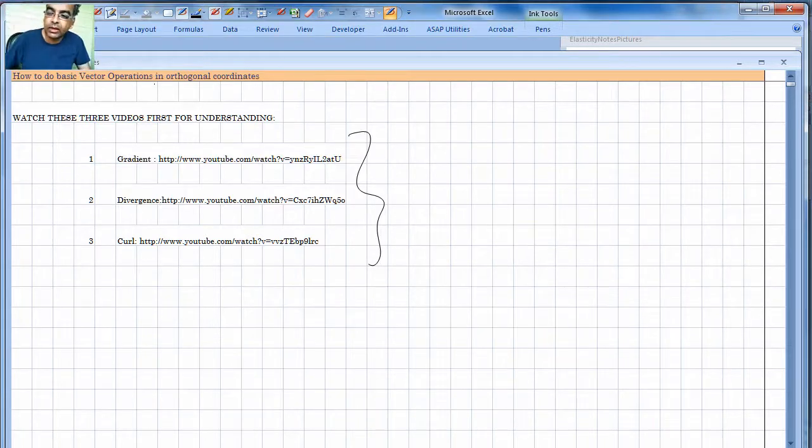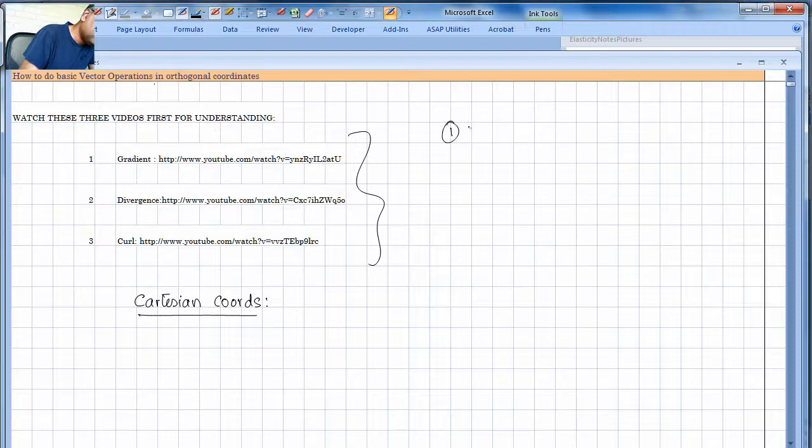Okay, so I'm assuming that now you have seen what is meant by divergence, gradient and curl and all of that. Now we are going to go ahead and figure out how to actually calculate it. The starting point is we are going to do this in Cartesian coordinates. So the basic procedure is: 1.